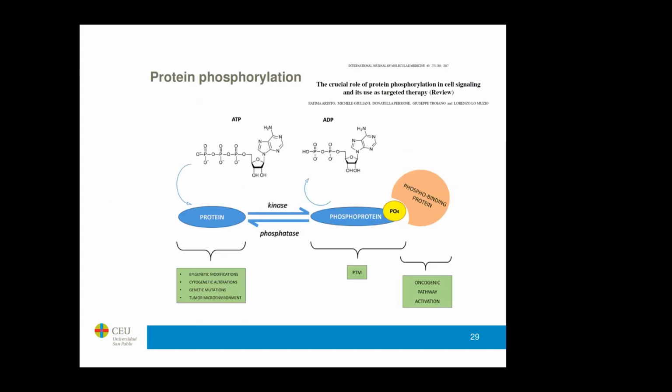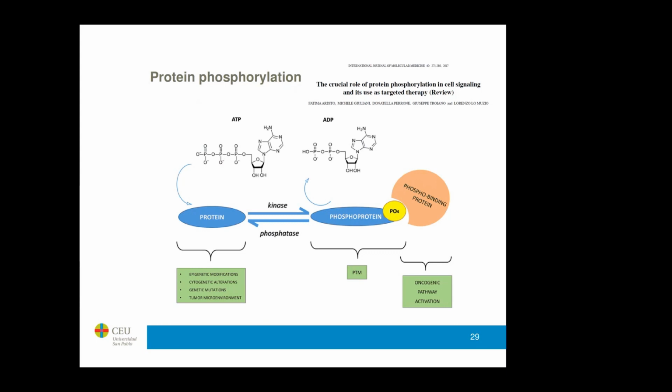Protein phosphorylation is this process in which you have a protein, and then you have ATP, and there are a couple of enzymes. One is a kinase. A kinase takes a phosphate from the ATP and puts it into the protein. And the phosphatase is the opposite: the phosphatase takes the phosphate from the protein and releases it.